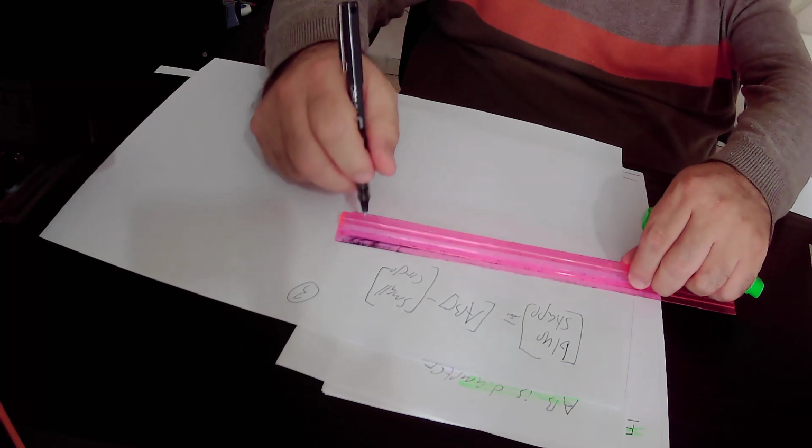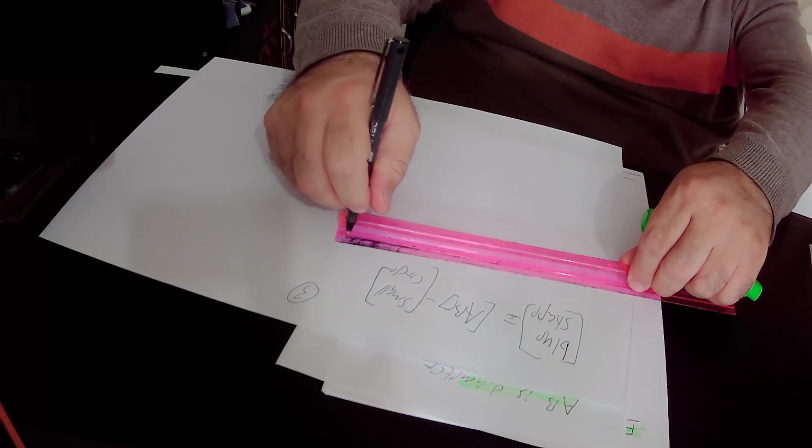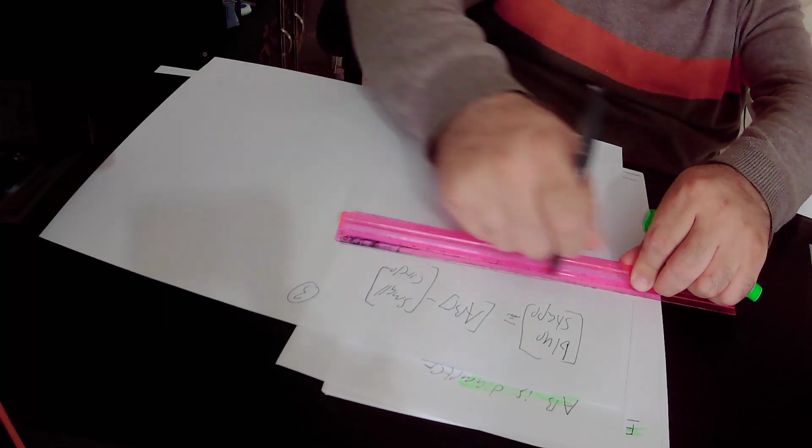Okay, the area of the blue shape equals the area of triangle ABC minus the area of the small circle.